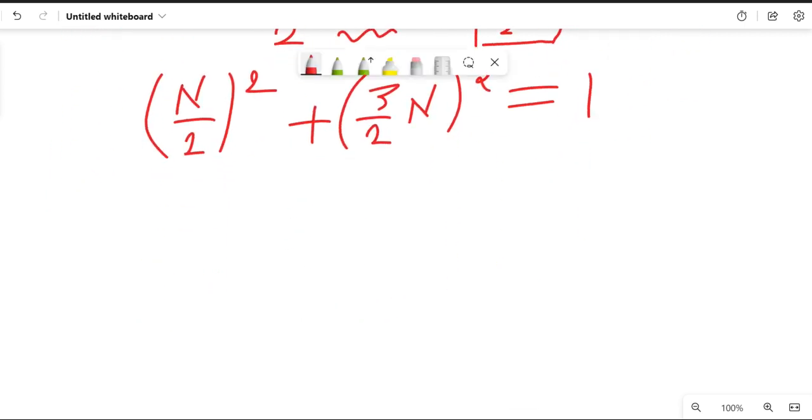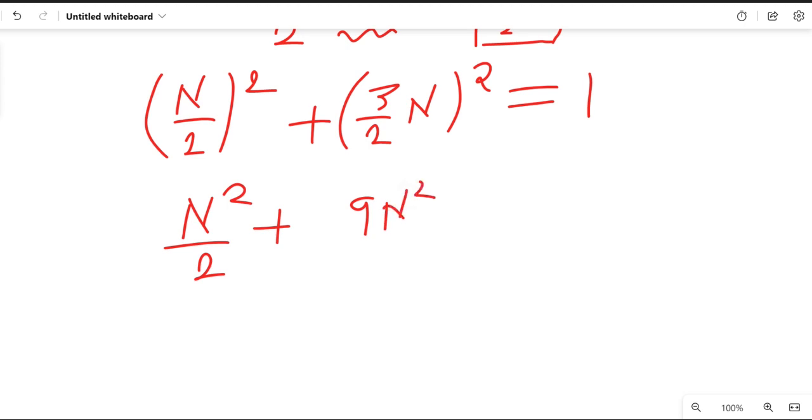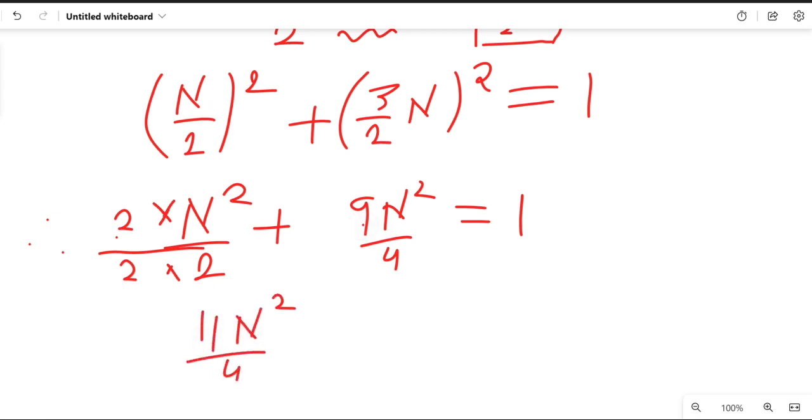Now simplify this, you get N square by 2 plus 9N square by 4 is equal to 1. Again I am simplifying further.